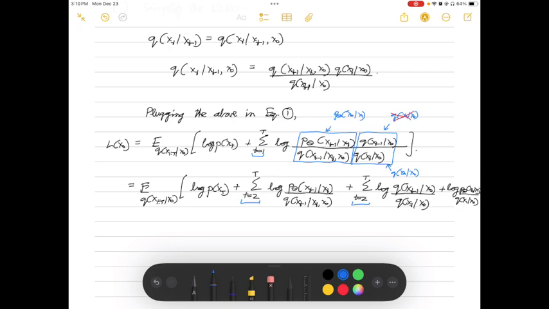And similarly, if you look at this term, by plugging in t equals 1, we get q of x naught given x1 and x naught, which again doesn't mean anything because we can't diffuse into the data term by having access to the data term and the noisier version of it.